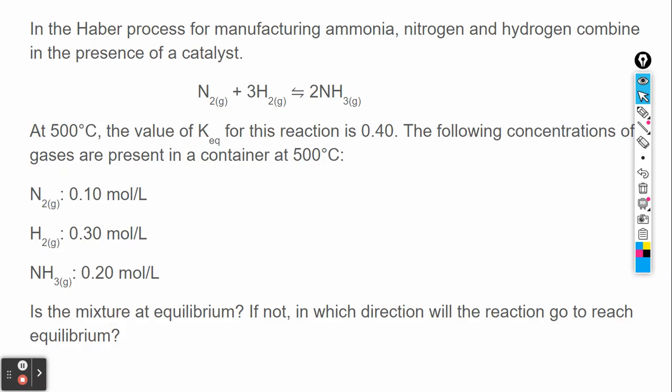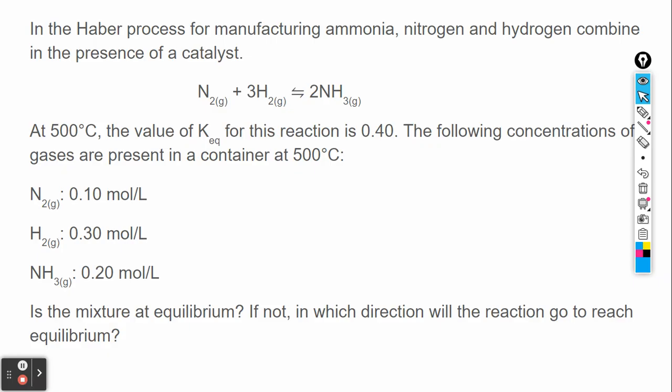This chemical equation that I've got here is the chemical equation for something called the Haber process. It's used for the manufacturing of ammonia, and it's really important for the production of fertilizer so we can grow more. In this reaction, we react nitrogen gas and hydrogen gas to make ammonia, and it's done at very high temperatures.